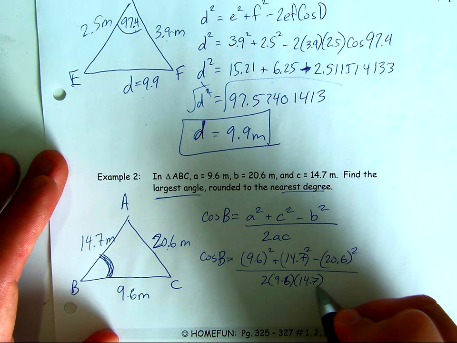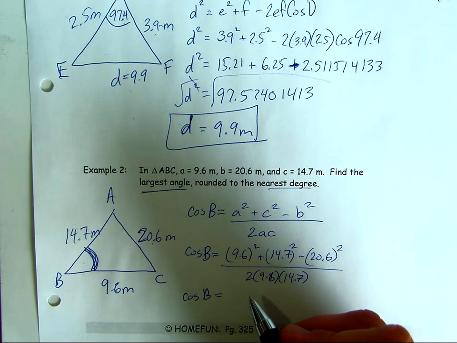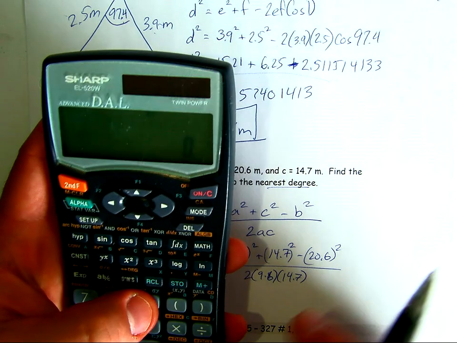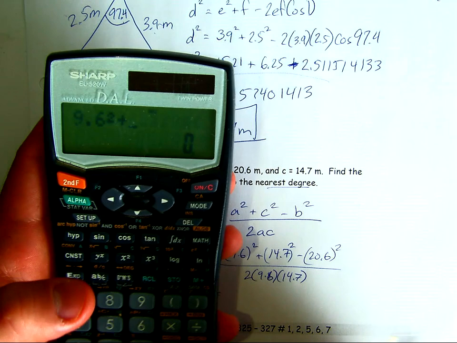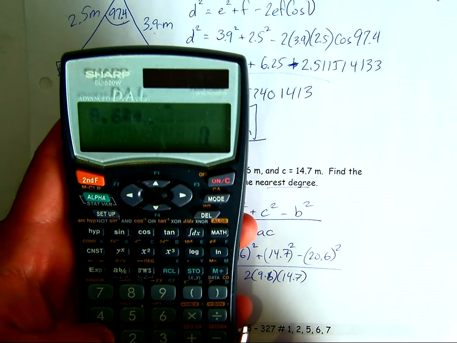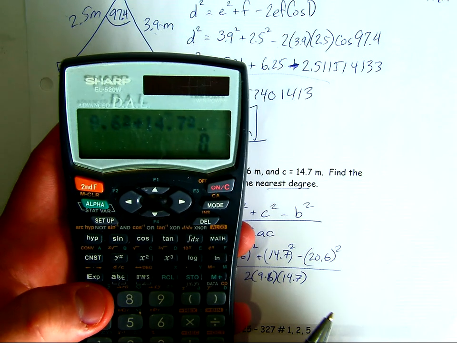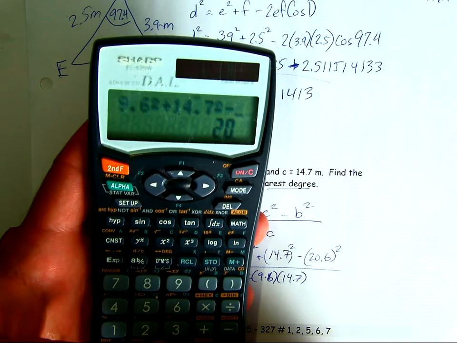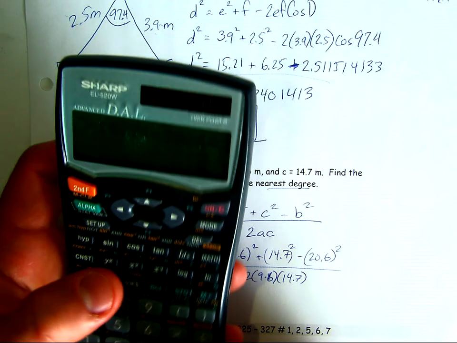I'll figure out the top by doing 9.6 squared plus 14.7 squared minus 20.6 squared.